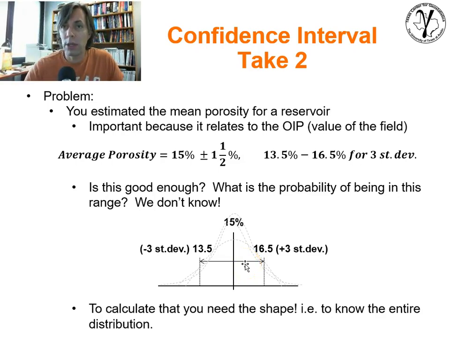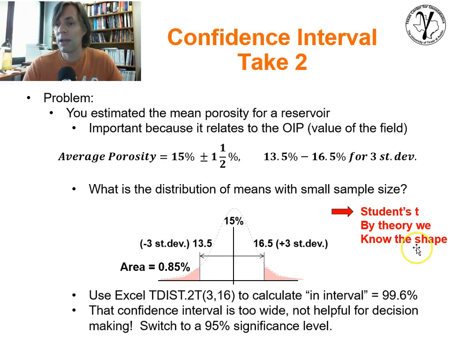That's exactly why we use those Z and T scores, and we rely on theory that tells us about how certain sample statistics are distributed, so we can get the probabilities. So we need to know what the distribution shape will be.